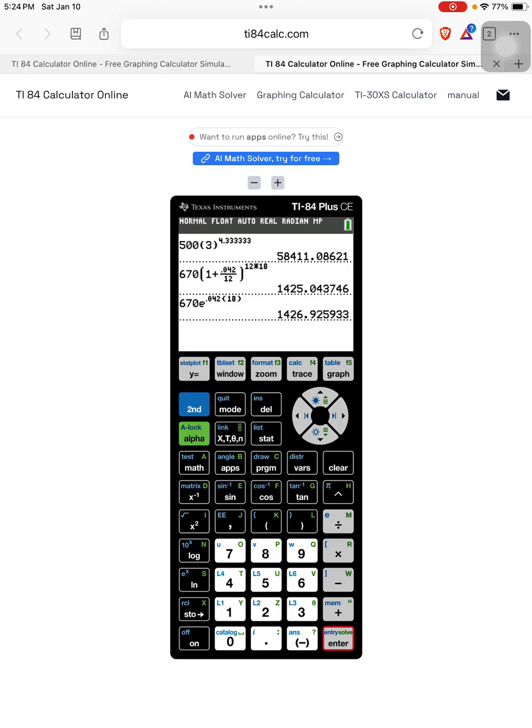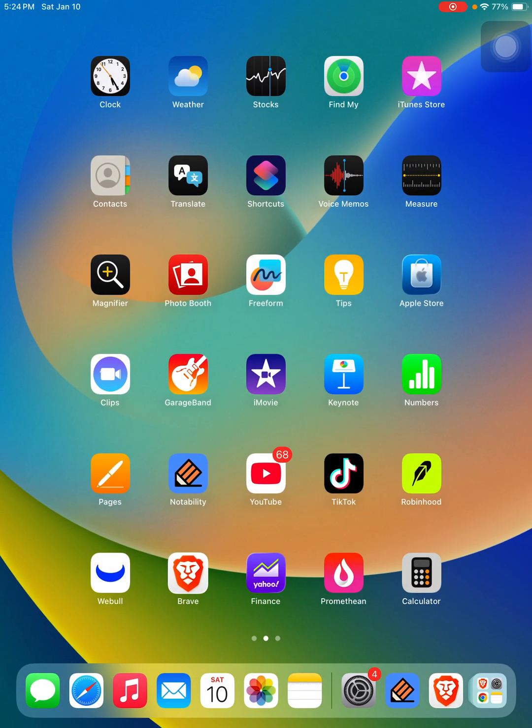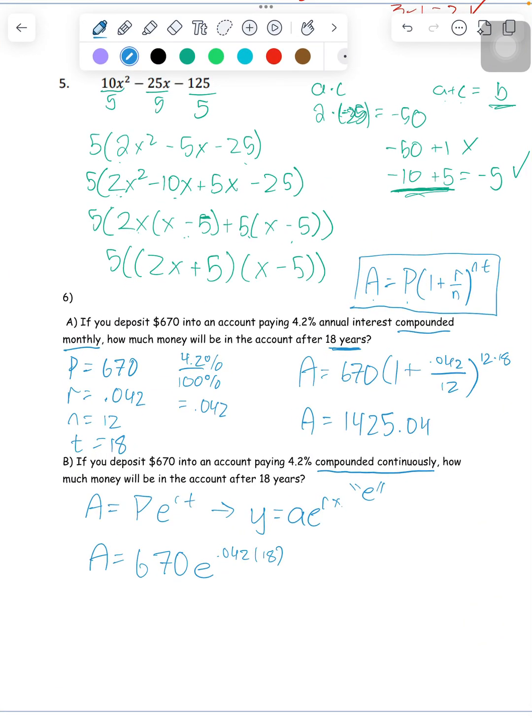So big, huge improvements by compounding continuously, right? You're getting an extra whole $1.50. So our answer here is A equals 1426.93, right? Look at the difference, right? It's cash money right here.